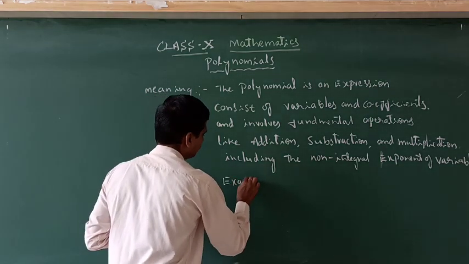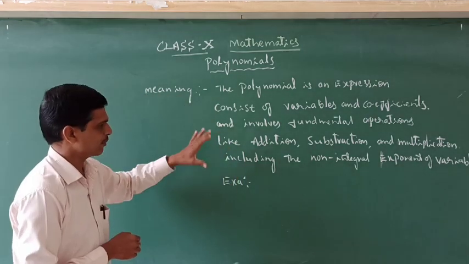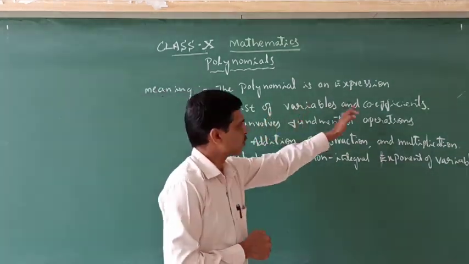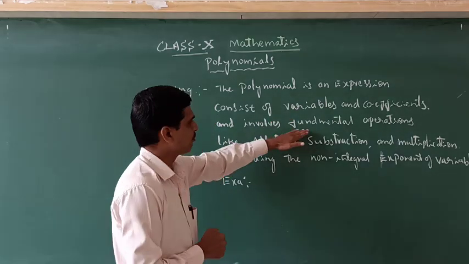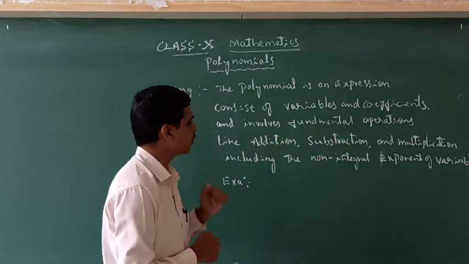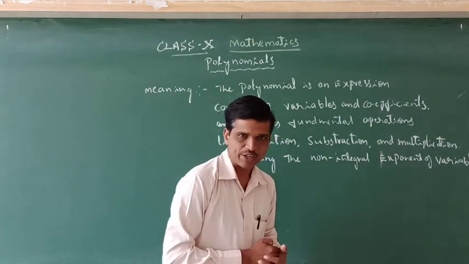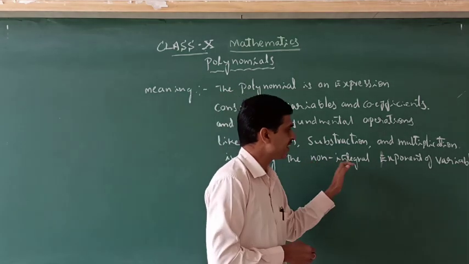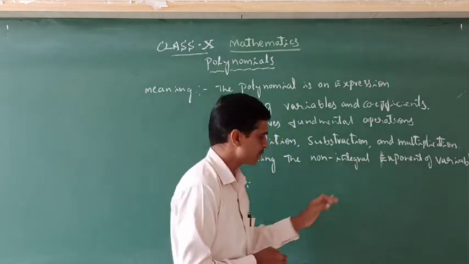Consider any example. Look over here, the exact meaning. It involves fundamental operations. When variables and coefficients are together, in between them are the fundamental operations. Which are those? Addition, subtraction, multiplication, including the non-integral exponent of variable. Consider the variable, it should not contain non-integral powers, that is, exponent powers.